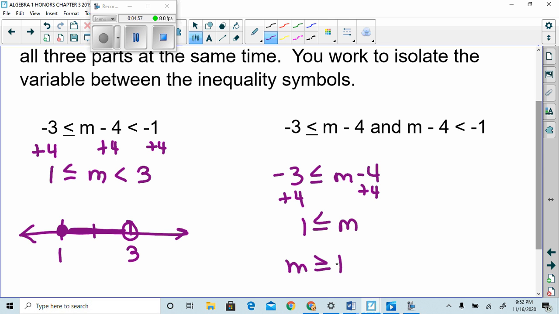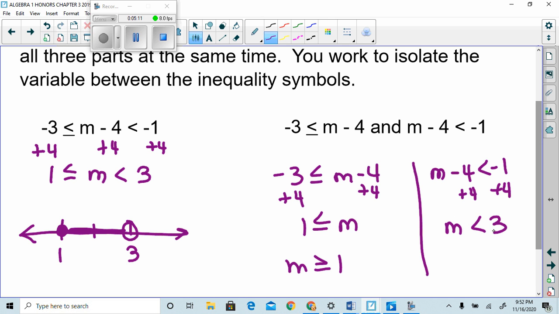I could also take the second half, forgetting about the -3, and solve m minus 4 is less than 1. Adding 4 to both sides, I get m is less than 3. So I get the same answer. I just think that it's a little more convenient just to leave it as one inequality.